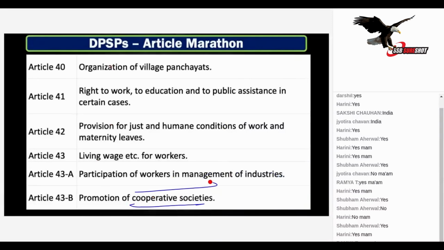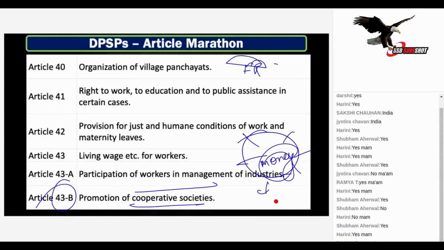Next, promotion of cooperative societies. What does promotion of cooperative societies mean? I explained it well in the fundamental rights chapter. A cooperative society is when people come together, pooling money in order to lend it to somebody in need, at low interest or no interest.